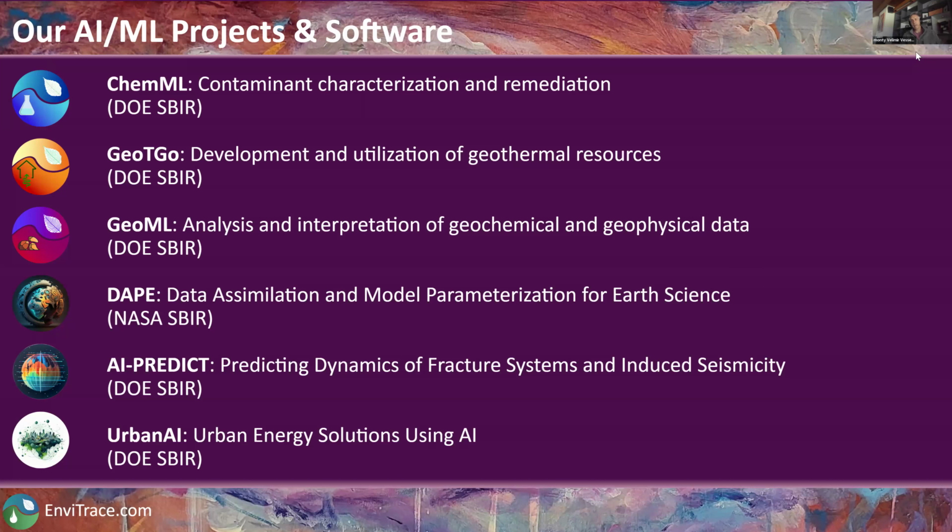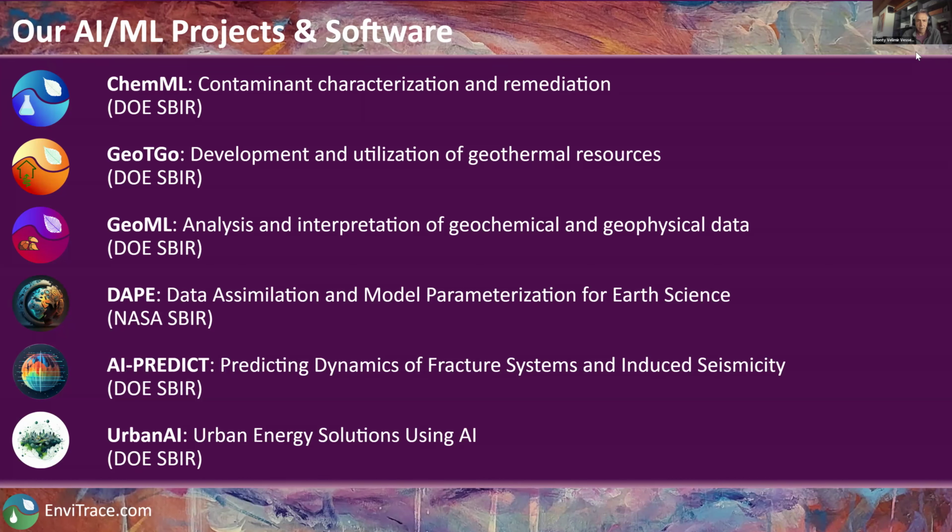We are currently starting 2 new projects, which are on the bottom, and one is to predict earthquakes, if you want to call it. This is kind of the ultimate goal, but at the moment we are trying to predict dynamics occurring along fractures and faults using artificial intelligence and machine learning. And this is a very, very challenging problem.